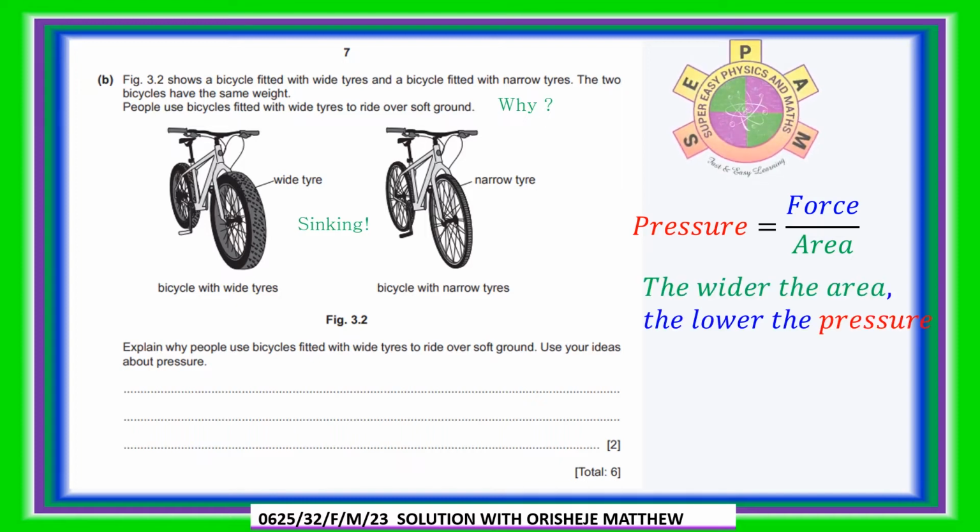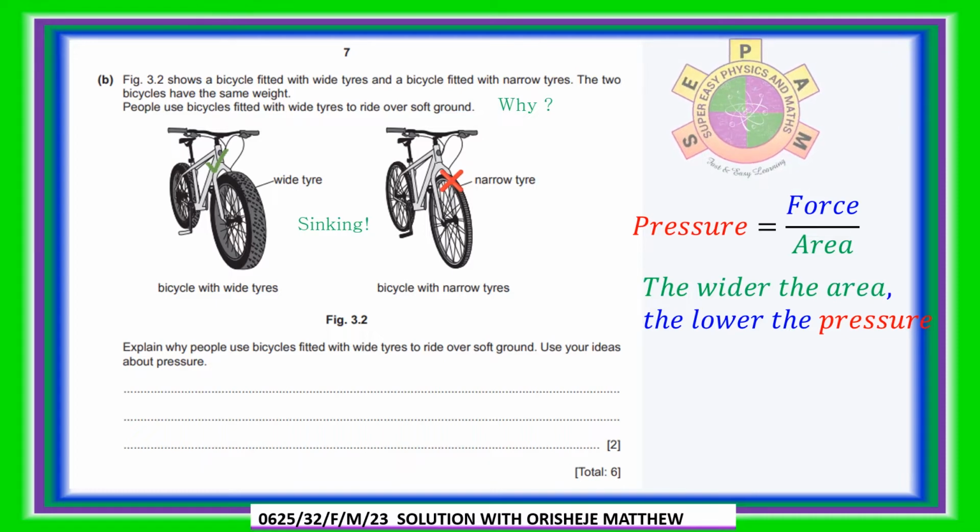So the wider the area, the lower the pressure. Which one is not good for moving over soft ground? The one with narrow tire, while the one with wide tire is good for moving over soft ground.